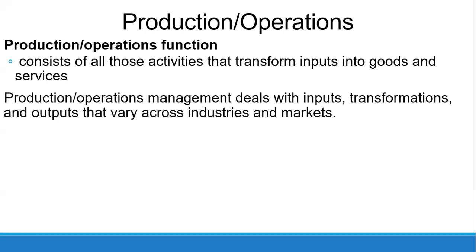And when we talk about the production and operation activities, they usually represent the largest facets of an organization's human and capital assets. And they consist of all the activities that transform the inputs of the organization into semi-finished goods or finished goods and services.